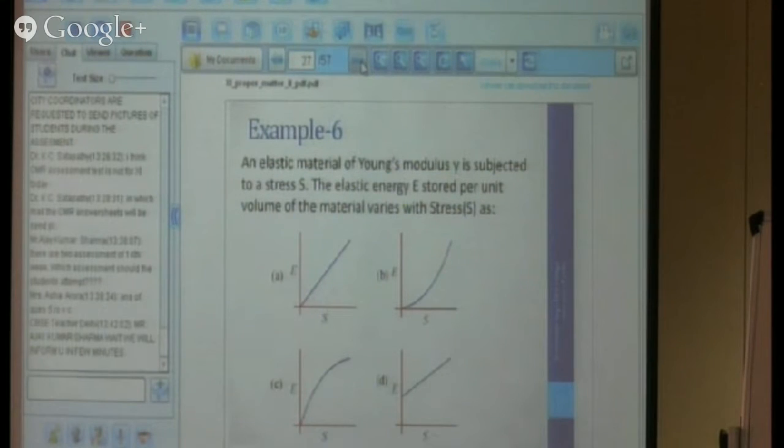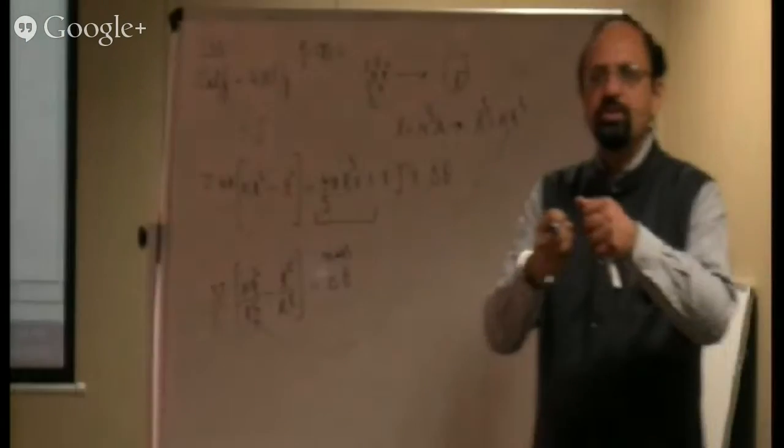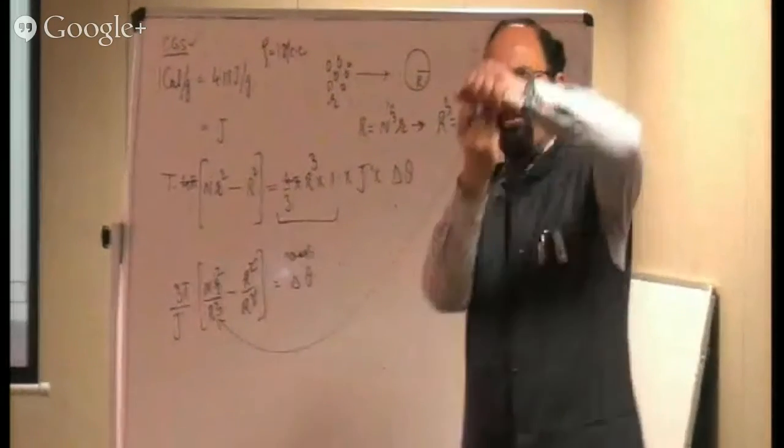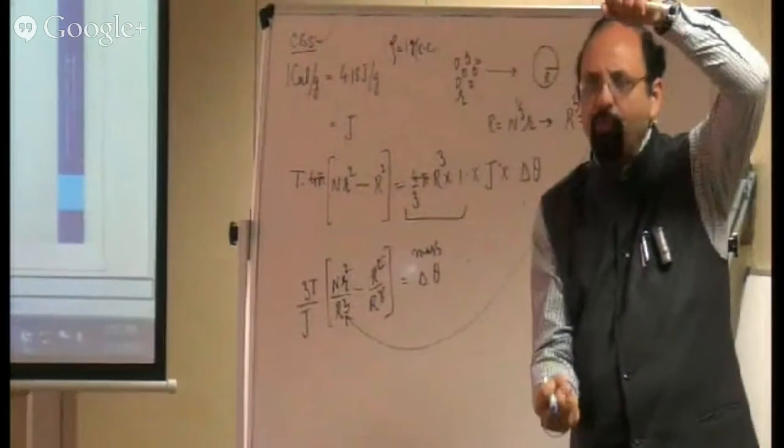What he says: an elastic material of Young's modulus Y is subjected to a stress S. The elastic energy stored per unit volume in the material varies with stress as. Look, there's a relation for the stress energy. When I change the dimension of a body, suppose I have a wire and I stretch it, I'm doing some work.